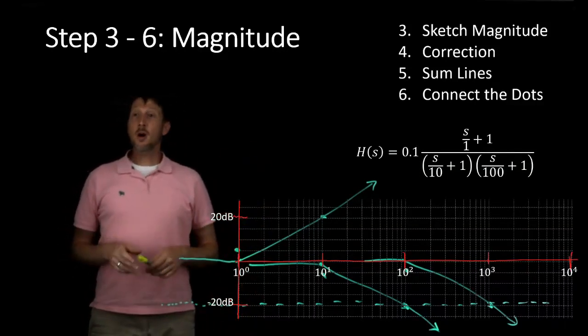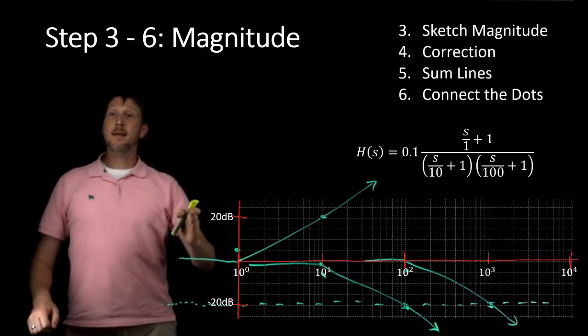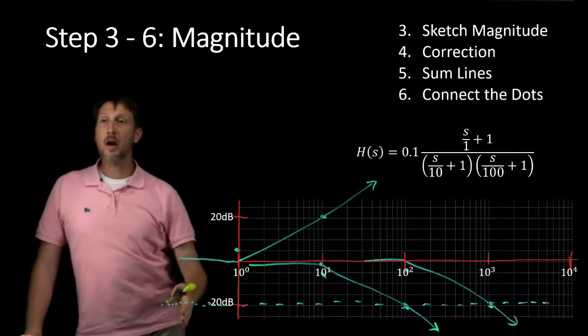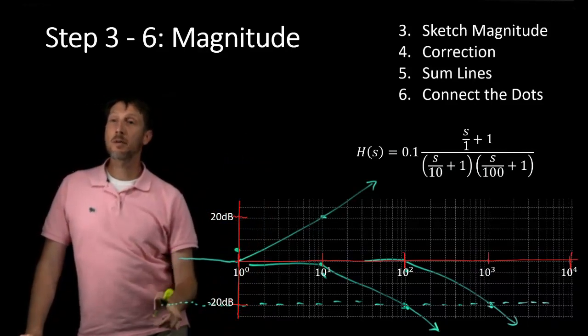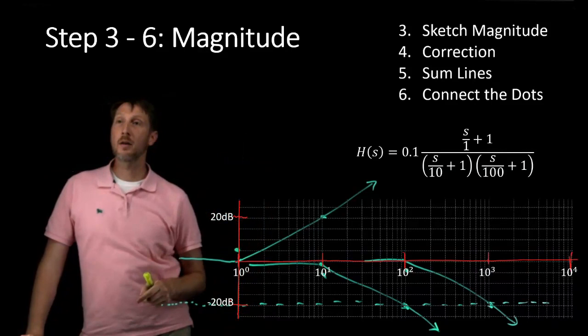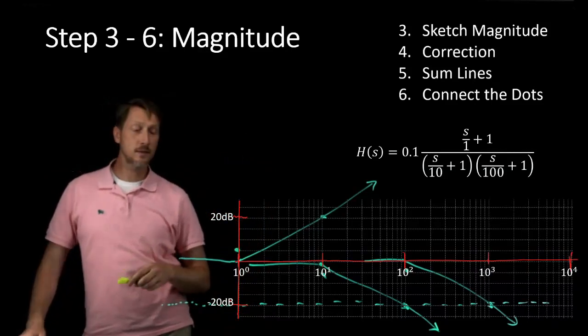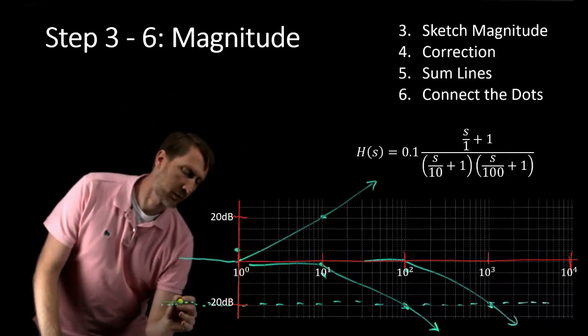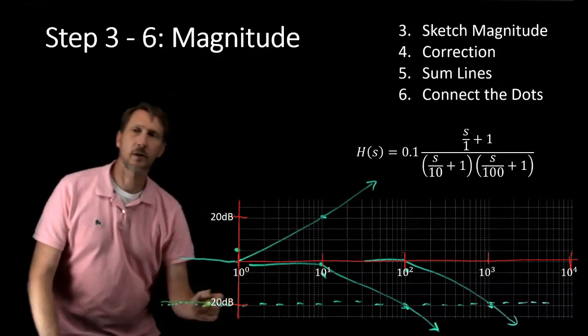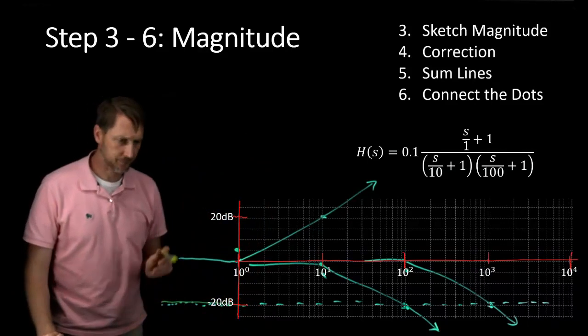When we start out all the way back here at 10 to the negative 1 type area, we're going to have a magnitude of 0 dBs plus a magnitude of negative 20. 0 plus negative 20 is negative 20. So we're going to start off and go along the negative 20 dB line.